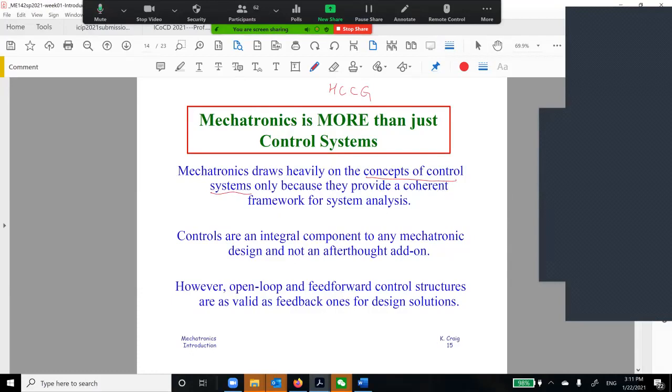Of course, my philosophy here is, if something is not under control, then it's what? It is out of control. So you don't want something out of control, right?